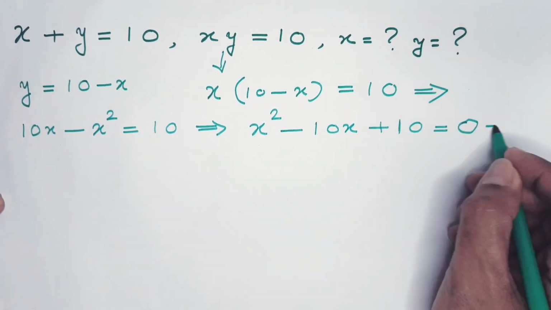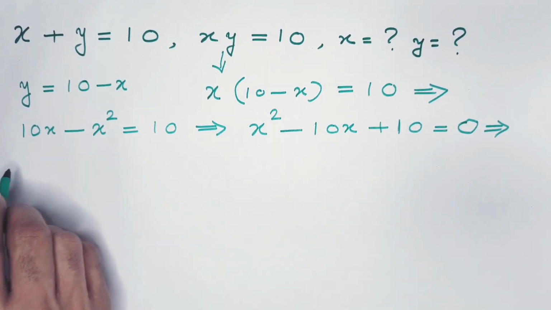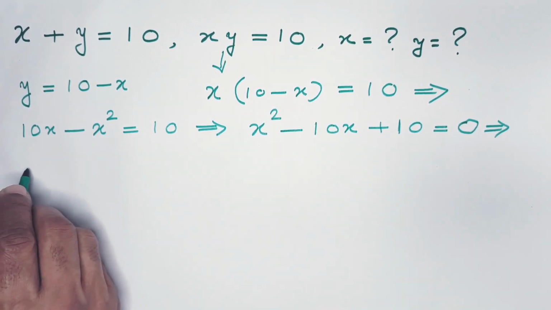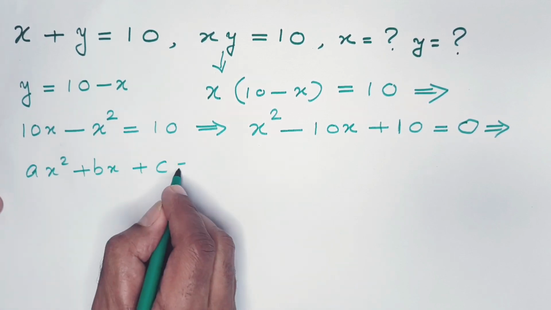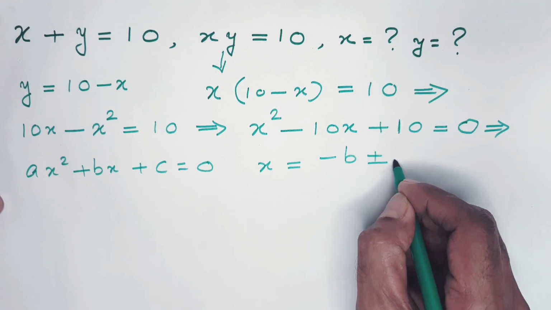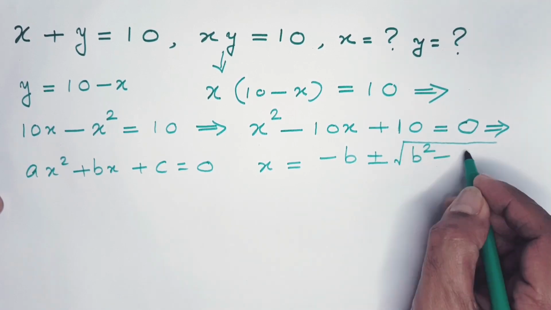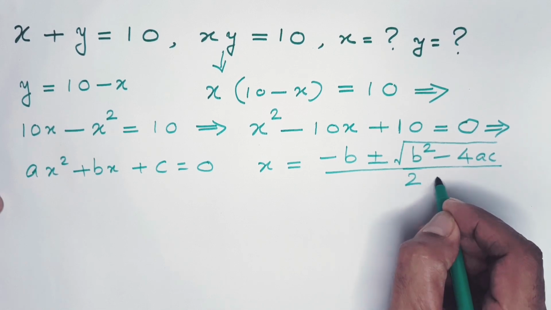Now we will solve this quadratic equation using the formula method. As you know, in the formula method, the roots of a quadratic equation like ax squared plus bx plus c equal to 0 is given by x equals minus b plus or minus square root of b squared minus 4ac, divided by twice a.